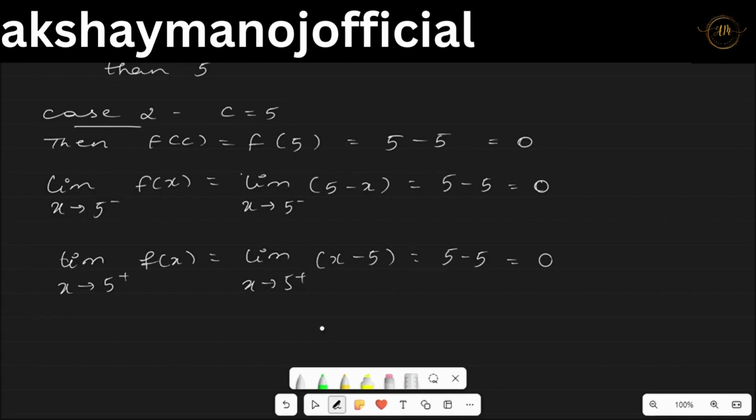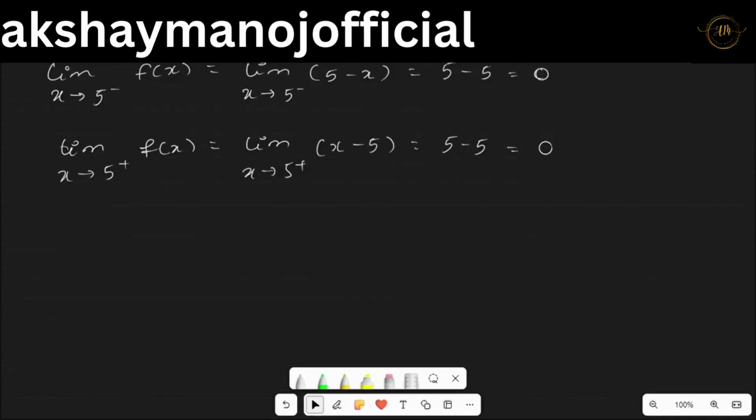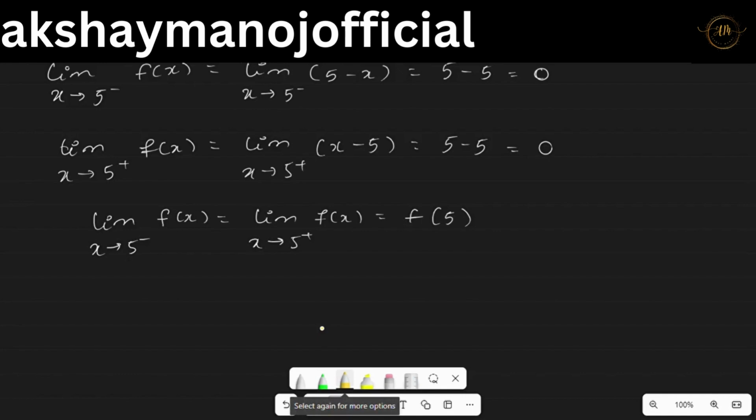So what we can observe here, left hand limit and right hand limit are equal. So we can say limit as x tends to 5 minus of f(x) is equal to limit as x tends to 5 plus of f(x), which is again equal to f(5). Rather, in this place you can write it as c minus, c plus, f(c), right?